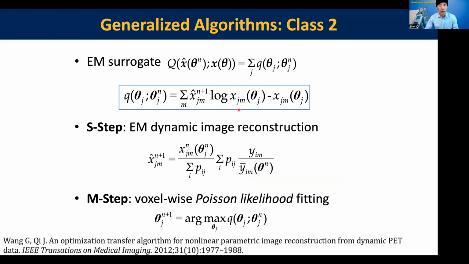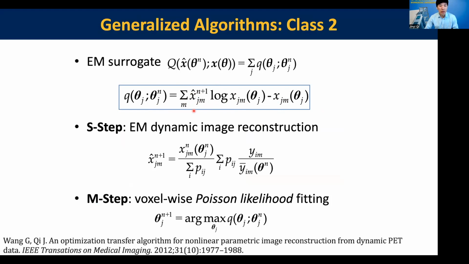So the formula of this is given here again. It's separable in terms of voxel, but the form of the expression is given by x hat times log of the expectation, minus its expectation, in terms of the Poisson log likelihood function.